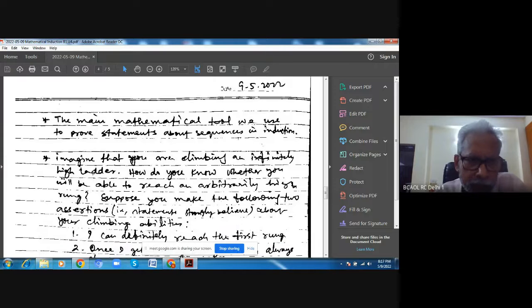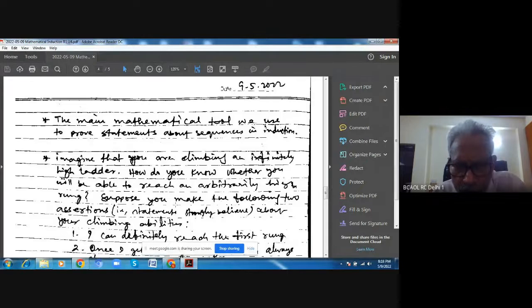Another point is, imagine that you are climbing an infinitely high ladder. How do you know whether you will be able to reach an arbitrarily high rung, where the steps are there, some sort of single ladder people are climbing?